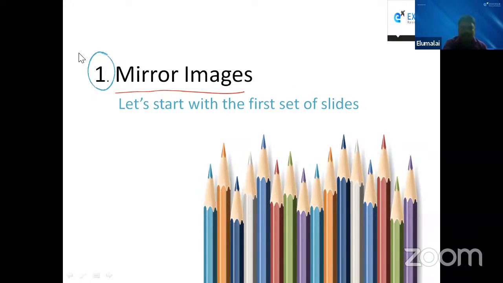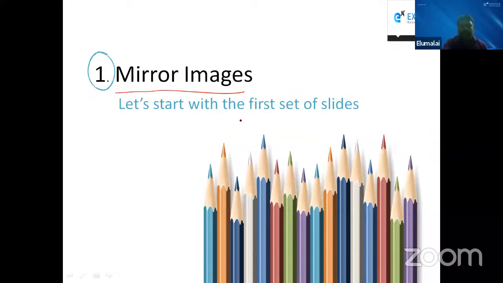The important point is that left side objects will appear on the right side of the mirror image, and right side objects will appear on the left side of the mirror image. If you understand this concept, then you can answer all the questions in mirror images.